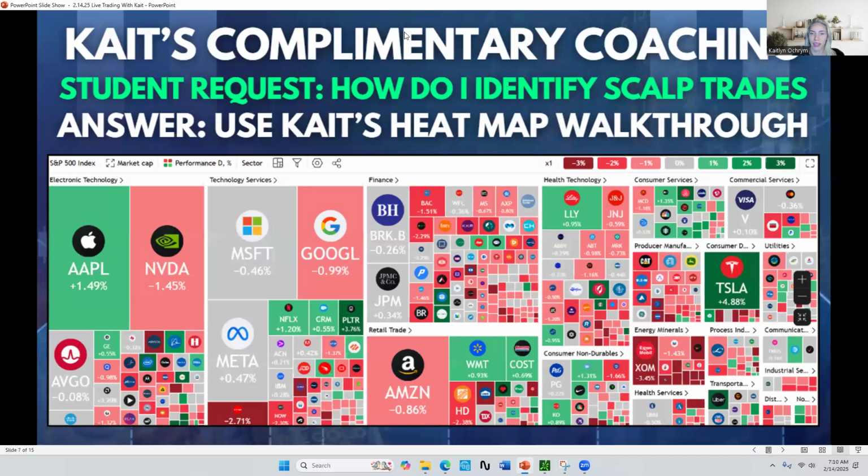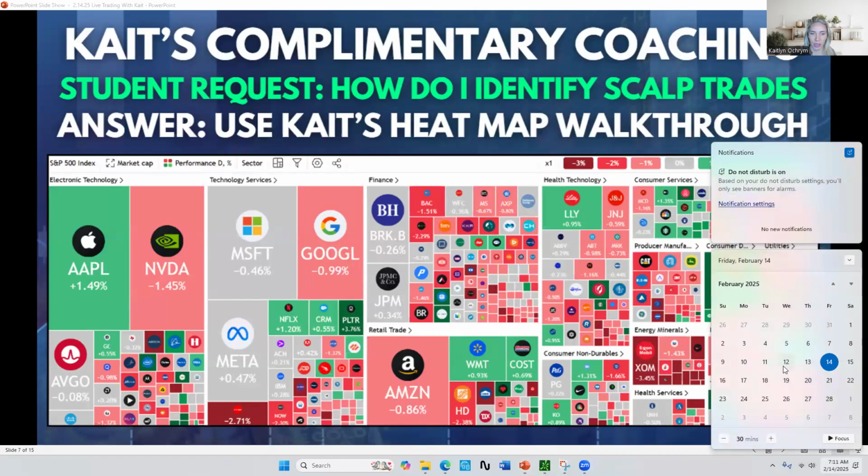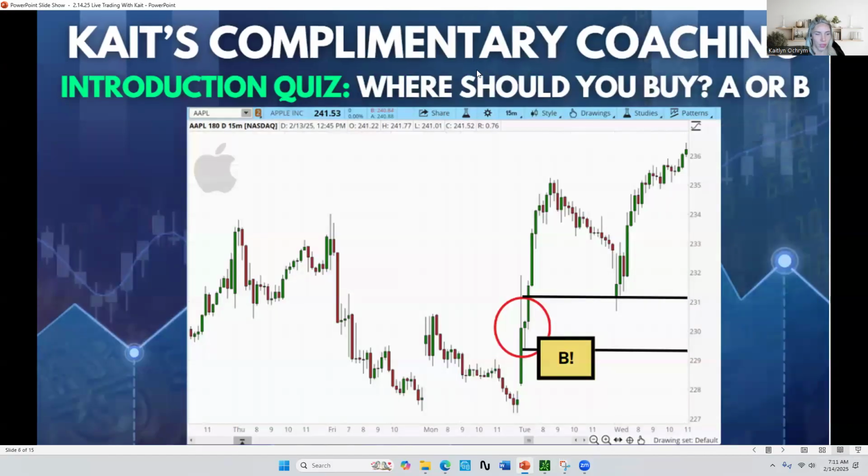I wanted to make the quizzes based on your questions. A student request that I received for the upcoming event, which is next week but the week after, is how do I identify scalp trades? That was a chart set up on a 15-minute time frame showing Apple, and that would be a scalp trade. We're looking for a pullback into that zone and then taking it to the upside.